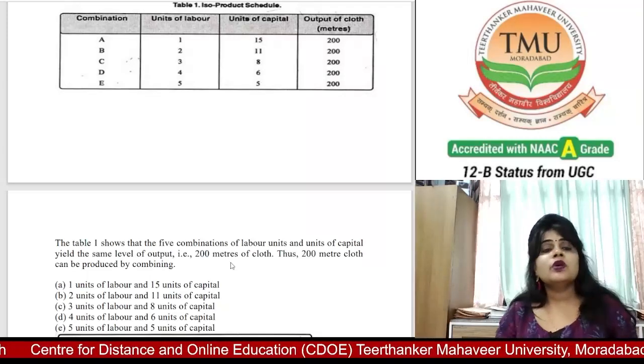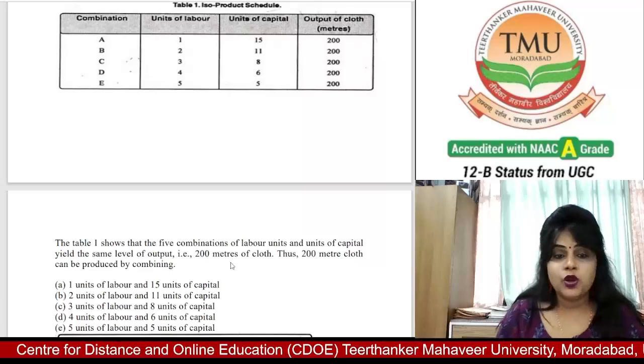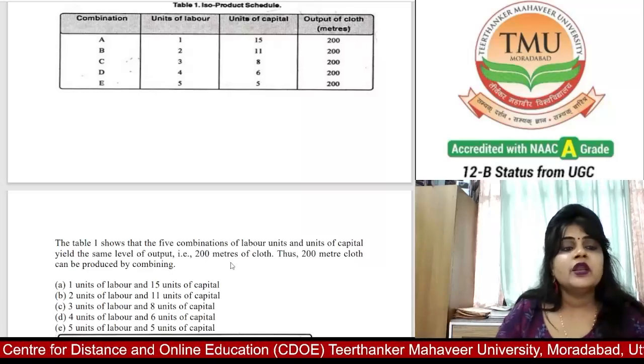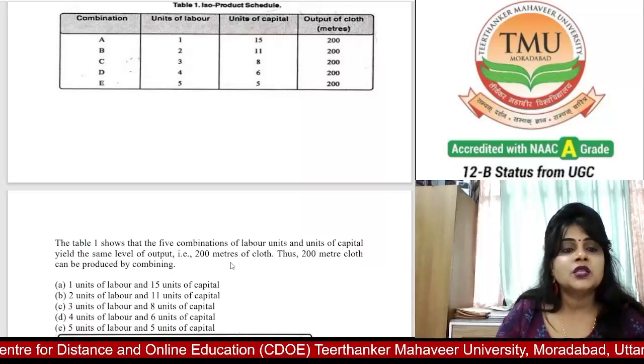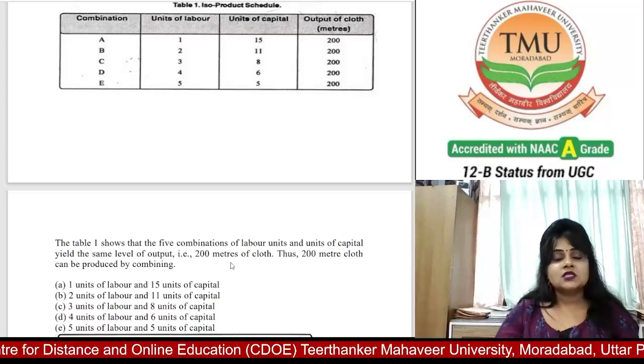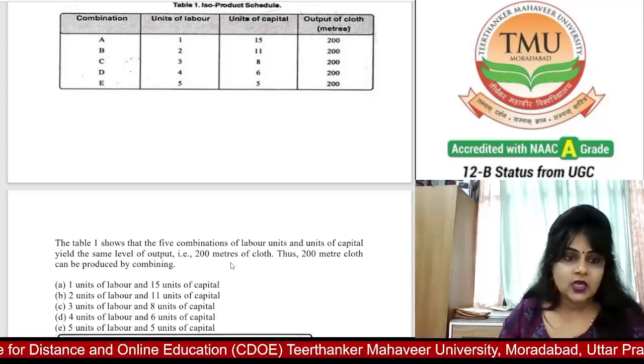Thus, an isoquant should pass through these points. Moreover, it can be seen from these combinations that both inputs are substitutes for one another.